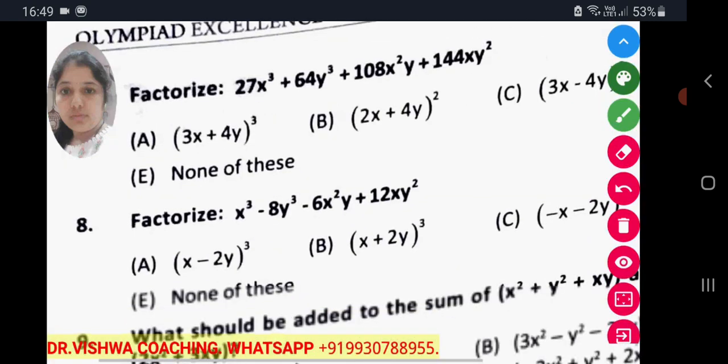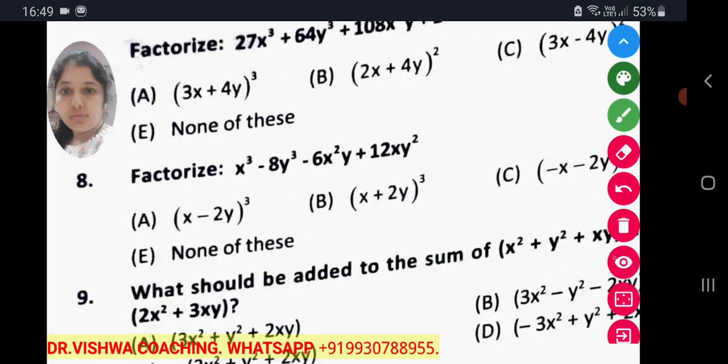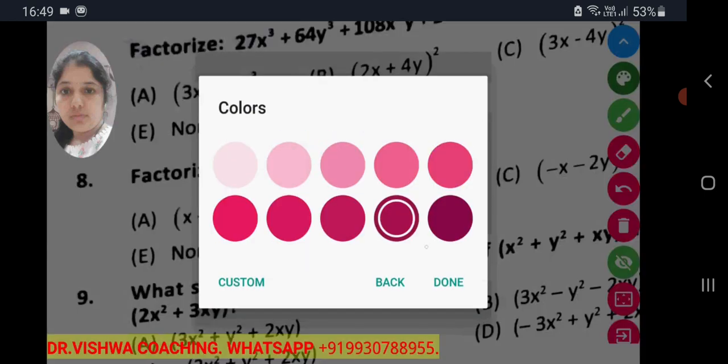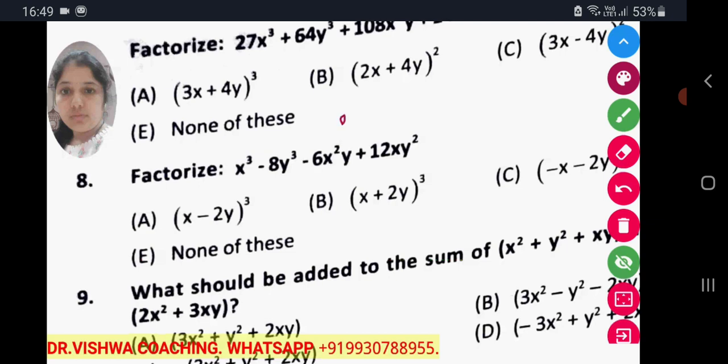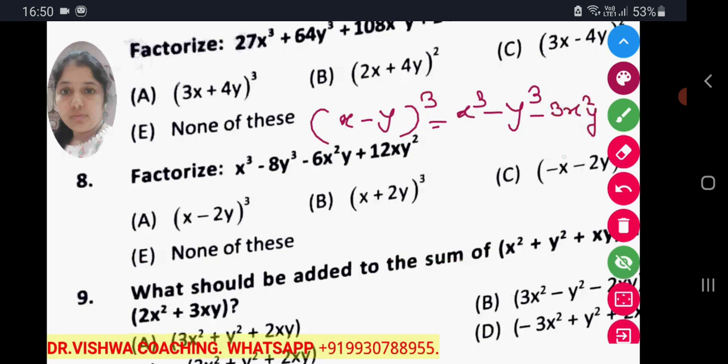Now the next question is also the same. Looking at the question, you can have an idea that it is the formula for x minus y bracket cube, which is x cube minus y cube minus 3x square y plus 3y square x.